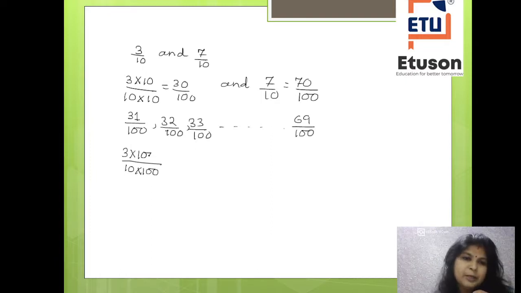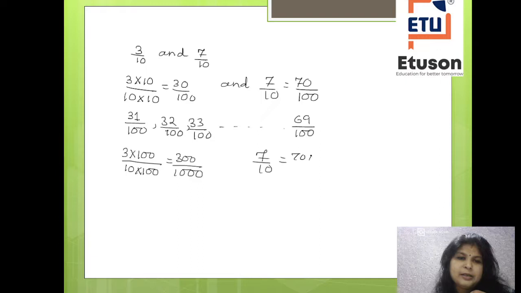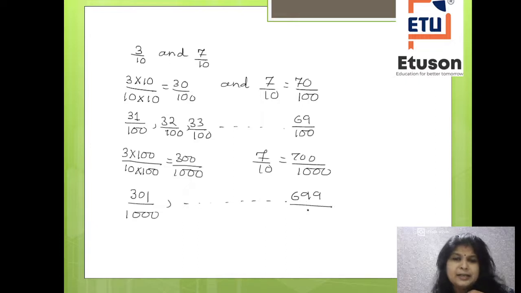Then it will be 300 divided by 1000, and your 7 by 10 will be equal to 700 divided by 1000. So in that case your numbers will start from 301 by 1000 and extend up to 699 divided by 1000. Correct or not?